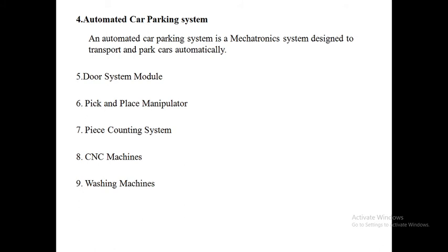Again, we have CNC machines. CNC machines are computerized numerically controlled machines, which are applications of Mechatronics. This is the best and basic example of application of Mechatronics in manufacturing automation.